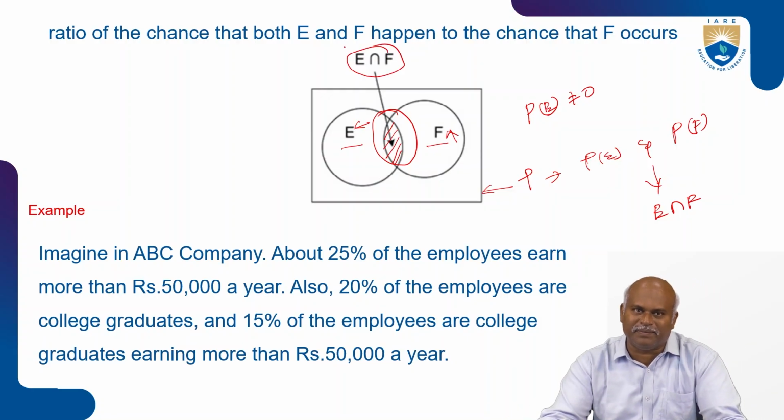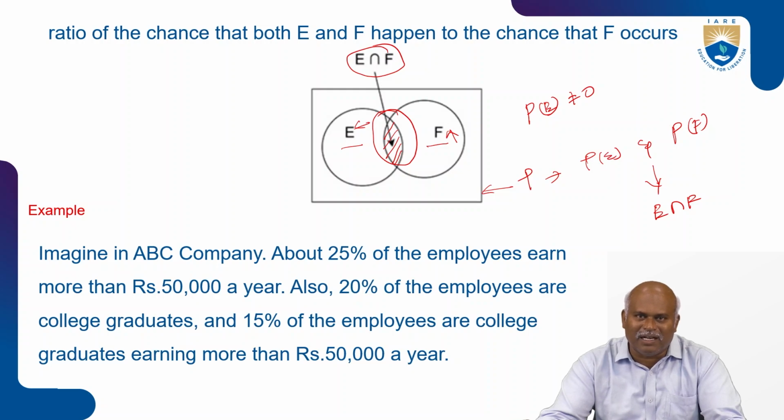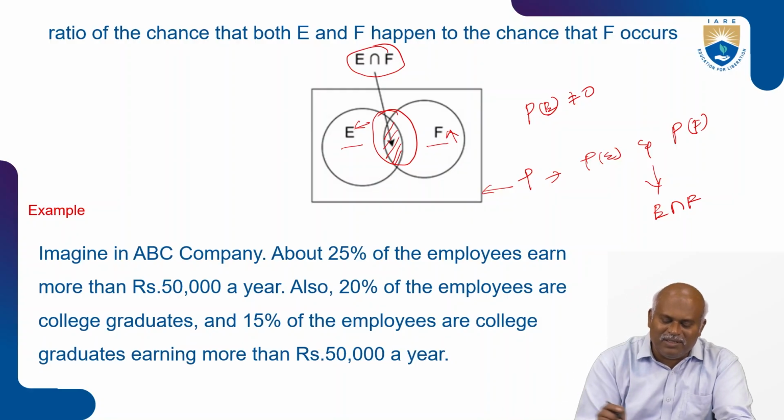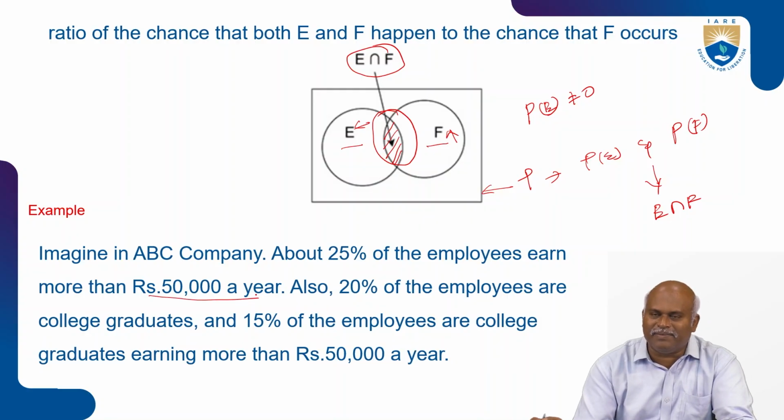For example, we take A, B, C companies. About 25% of the employees earn more than 50,000 per year.